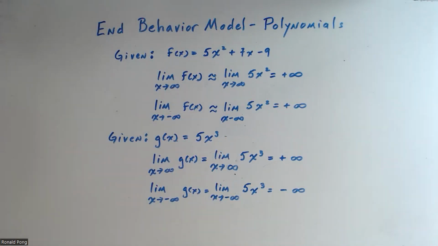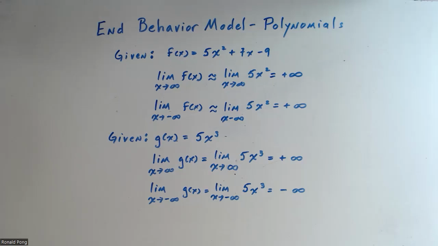We can examine the end behavior model for polynomials using the limit as x approaches infinity or negative infinity. For an even function, that is, when the lead term has an even exponent, in this case a quadratic function, we can approximate the behavior at infinity or negative infinity using the lead term, the other terms having a minimal effect on the end behavior.